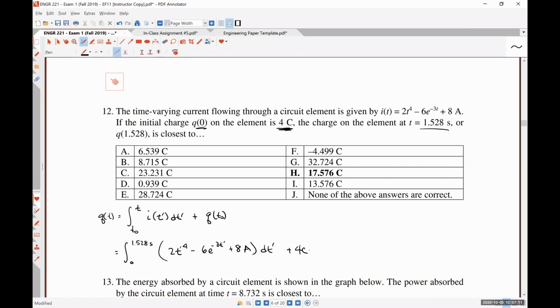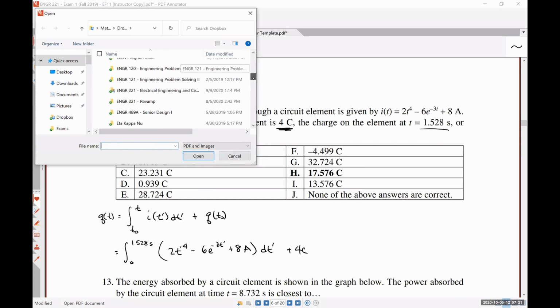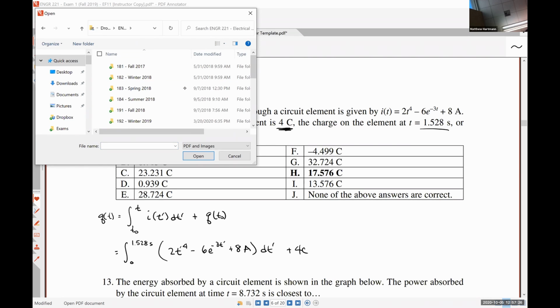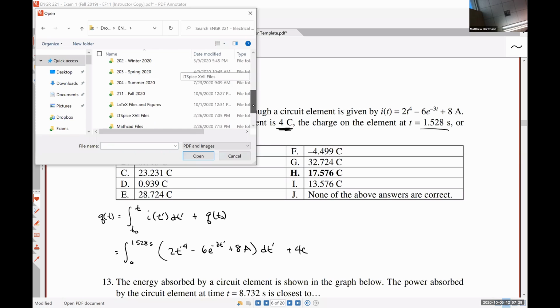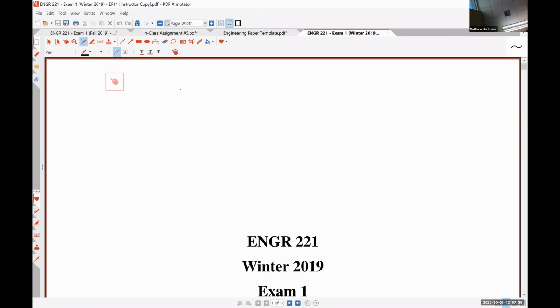Can you hear me? Yes, ma'am. Okay, on exam 1, the winter exam, number 24, how do you know what Vx is equivalent to? All right, let me find that real quick. The winter exam. Number 24.